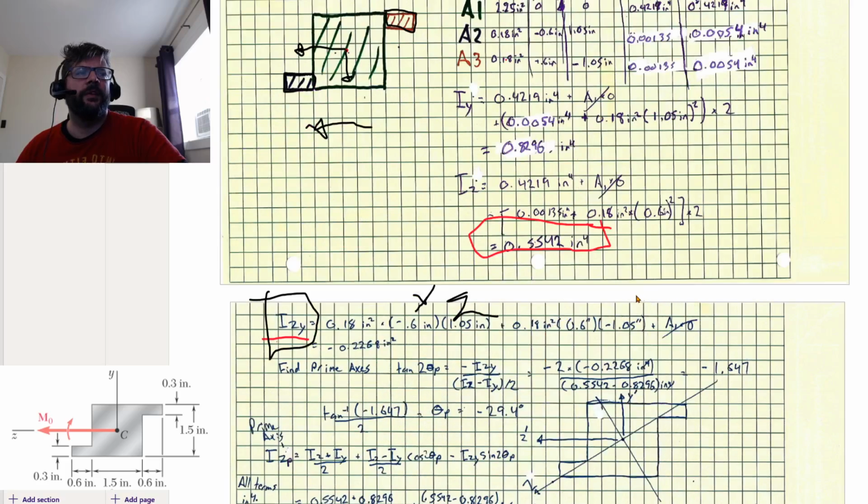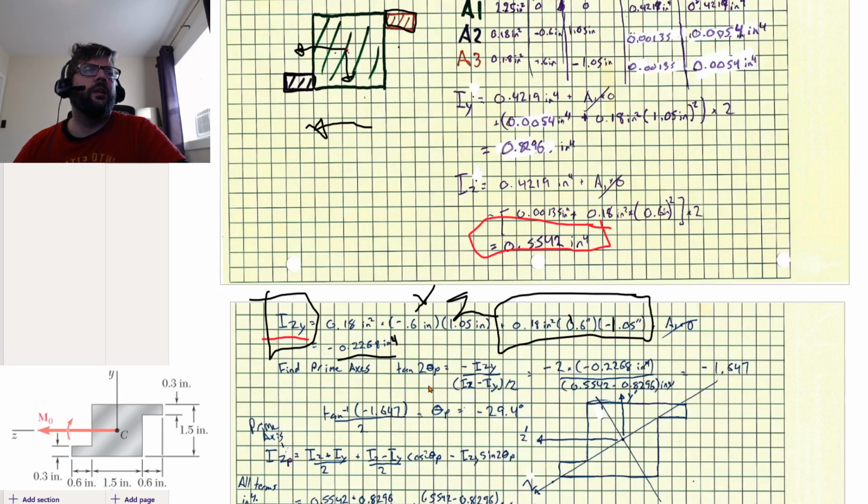And then we repeat on this side, which ends up being the same value because the signs on both the 0.6 and the 1.05 inch terms both switch. So we end up with this value here, 0.2268 inches to the fourth.